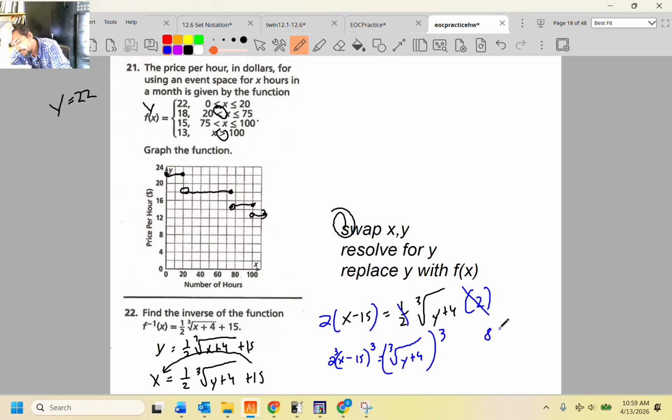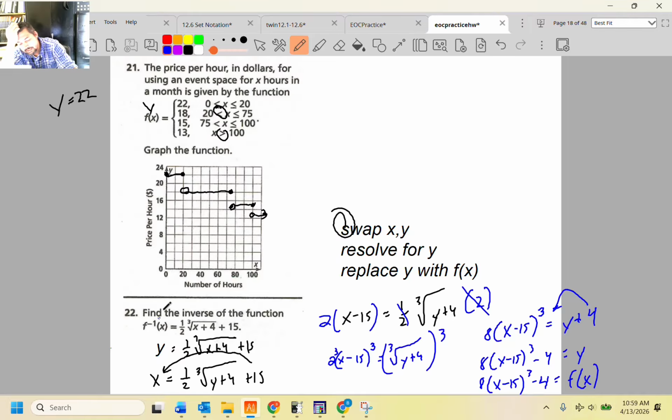That's going to give me 8 times x minus 15, all cubed, equal to y plus 4. And then I'm just going to move 4 over. 8 times x minus 15 cubed minus 4 is my y value. And the last step would be to replace that with what it actually is, and it's the original function. Because they gave us the inverse, we were finding the original.